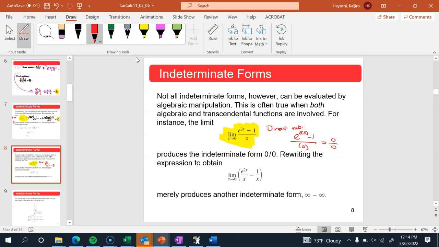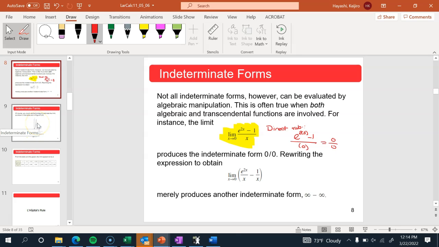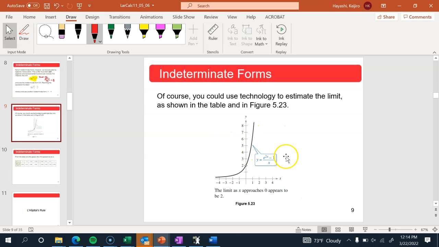So if we were to graph this and check the limit graphically, here's the graph of that function that we're trying to take the limit of. We're trying to take the limit as x goes to 0.